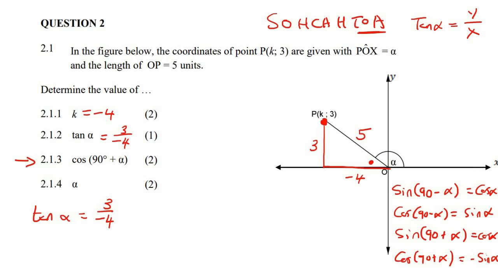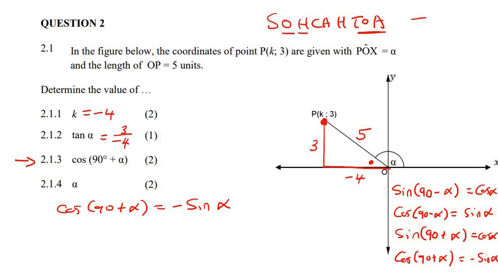So we can say that cos of 90 plus alpha is the same as negative sin alpha. Then we just work out what sin alpha is, because that's this triangle. Remember, sin is opposite over hypotenuse, or some learners prefer the y over r method. Whatever you choose, it's going to end up being negative, and sin is 3 over 5. So the answer will be -3 over 5.